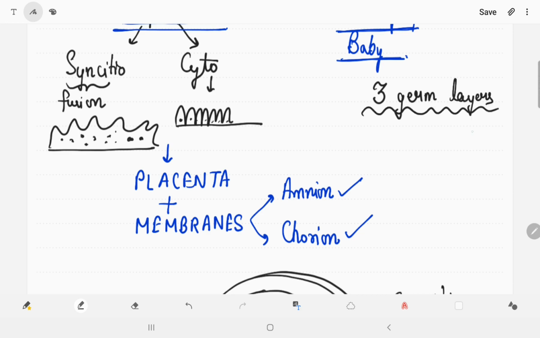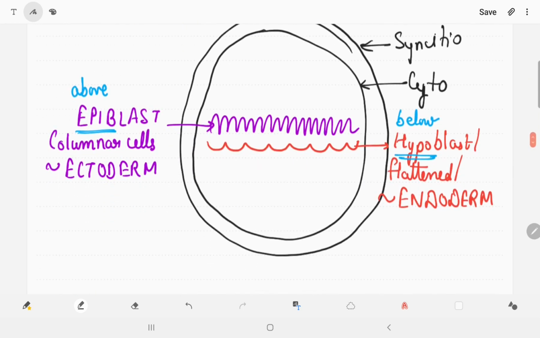Everything in our body is made up of these three germ layers, which are the ectoderm, mesoderm, and the endoderm. So, these are the three germ layers. Now, in this diagram, I have told you about the ectoderm. I have told you about the endoderm. My question is, where is the mesoderm?